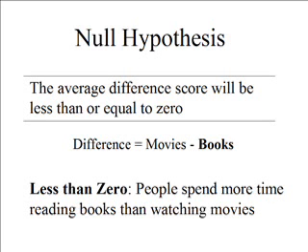As mentioned, if people are spending more time reading books, like 5 hours, and only spending 1 hour watching movies, movies is 1, books is 5, 1 minus 5 would give us a negative 4. If we have lots of those negative values, because people are spending more time reading books, our average difference score will be less than 0.